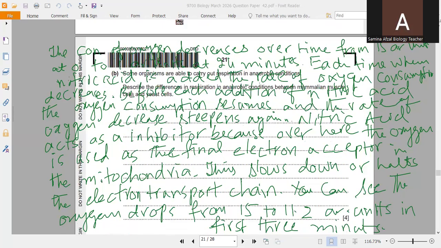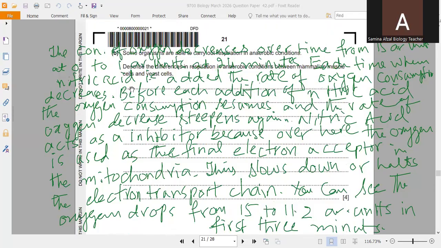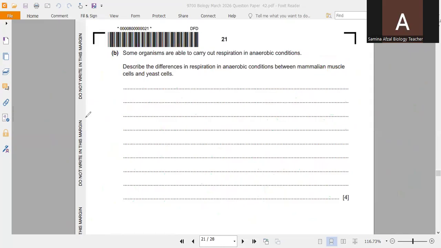Next part of this question is B. Some organisms are able to carry out respiration in anaerobic conditions. Describe the differences in respiration in anaerobic conditions between mammalian muscle cells and yeast cells.